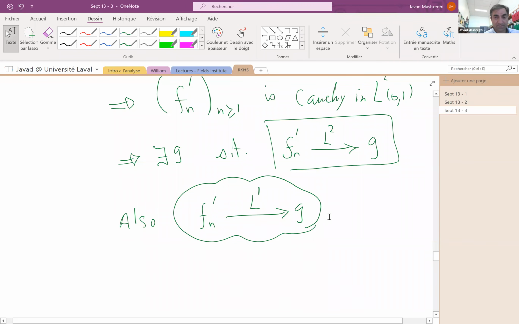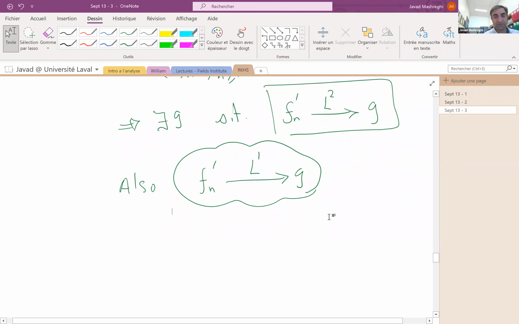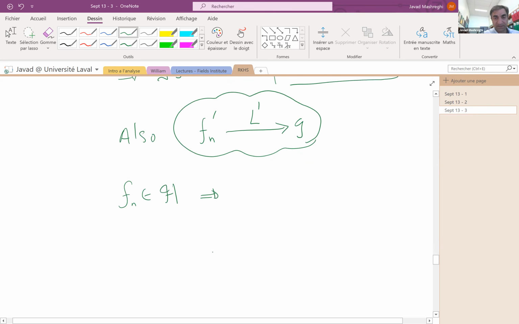First, look at the representation for Fn. Since Fn is in H, and Fn of 0 is equal to 0, we have the representation Fn of x equals the integral from 0 to x of Fn prime of t dt.